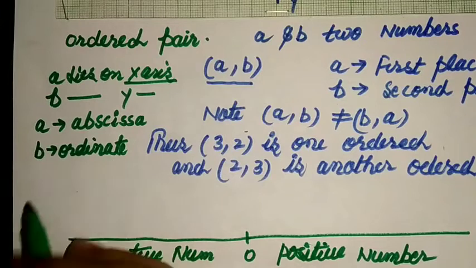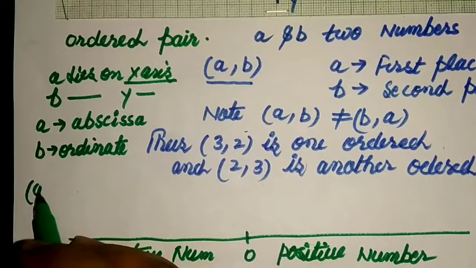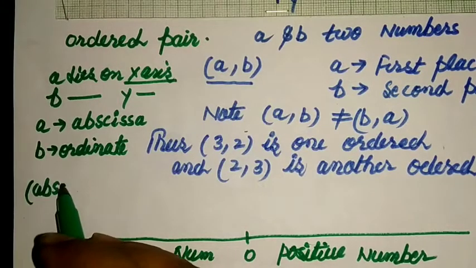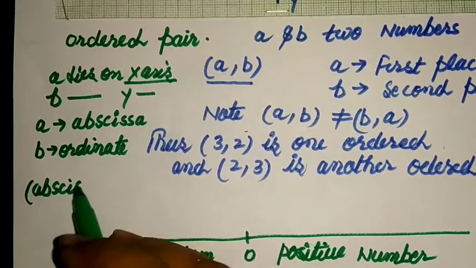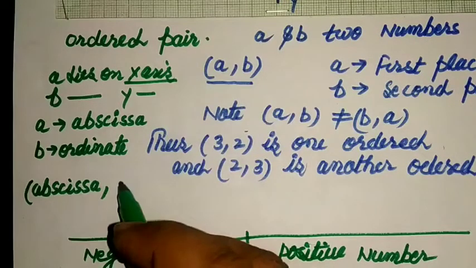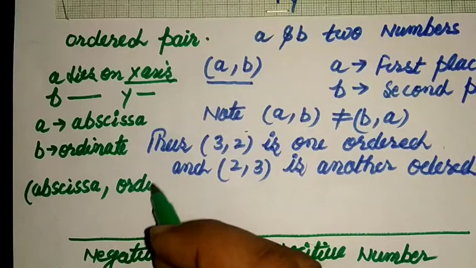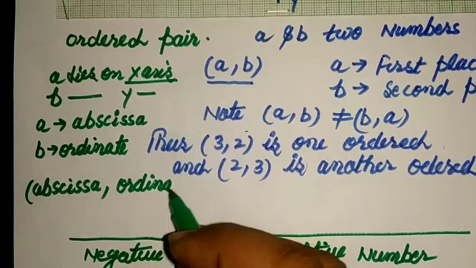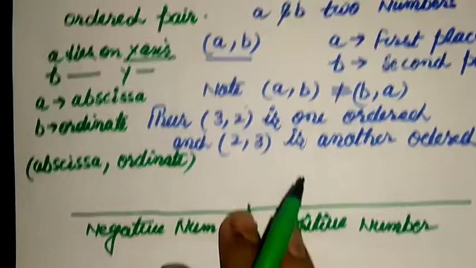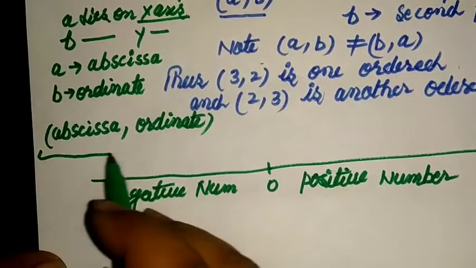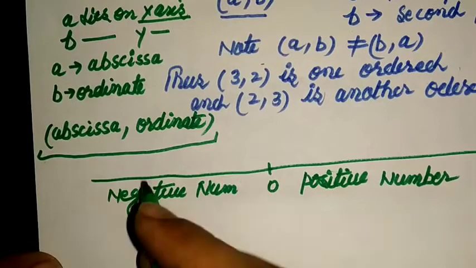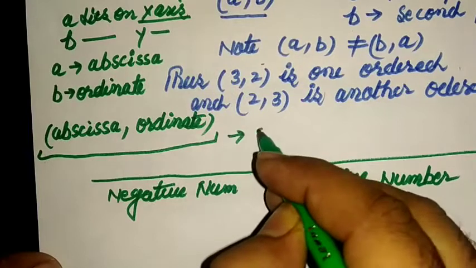Abscissa is the first point in the ordered pair, and ordinate is the second point, and both points in the ordered pair are known as coordinates.